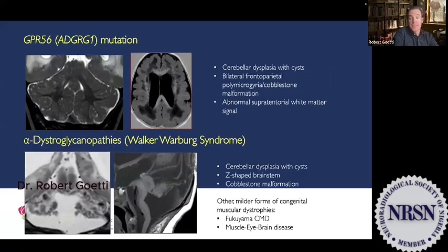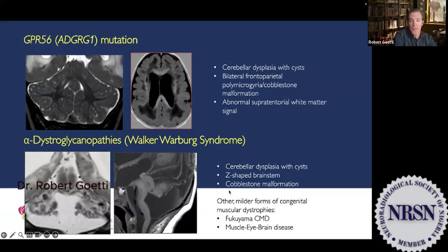There are other diseases that can cause cerebellar cysts. However, in these cases, there are also associated supratentorial abnormalities. So in the ADGRG1 mutation, we also have cerebellar cysts, but in this case, we'll also have bilateral frontoparietal polymicrogyria or cobblestone malformation and very abnormal white matter signal. And in dystroglycanopathies, we have cerebellar cysts, and in the Walker-Warburg syndrome, which is one of the dystroglycanopathies, you get this characteristic Z-shaped brainstem.